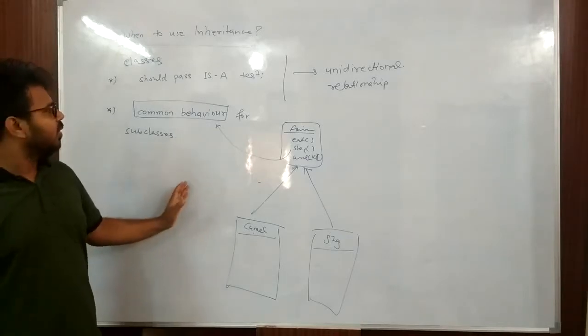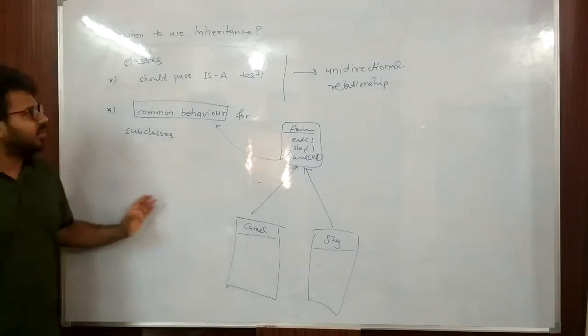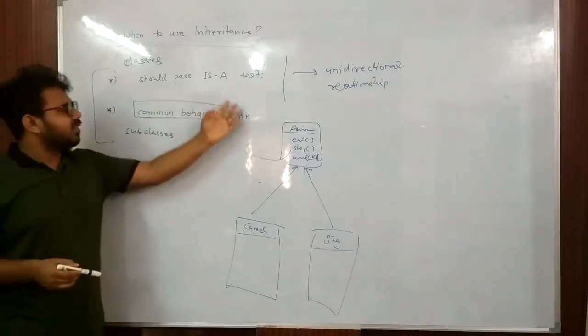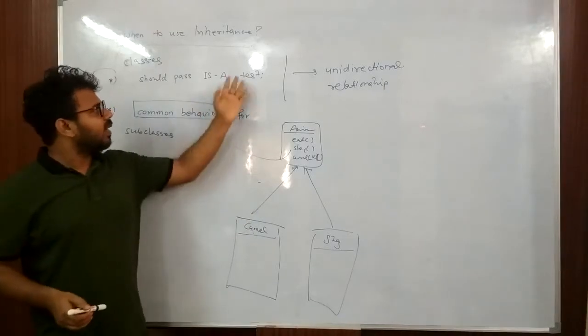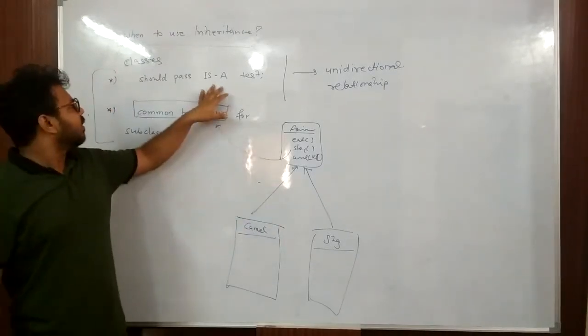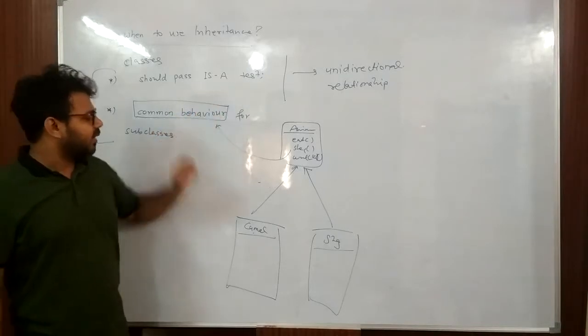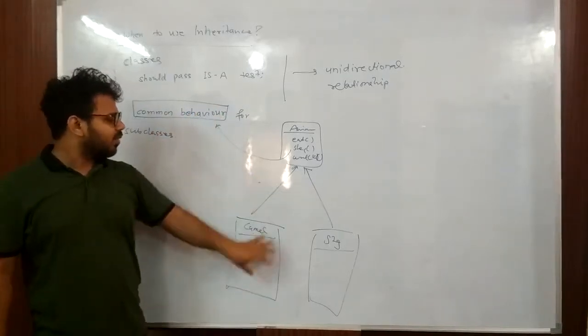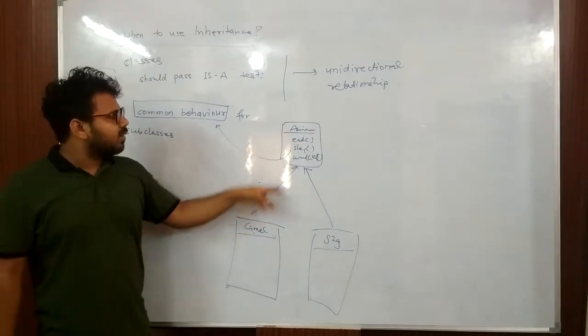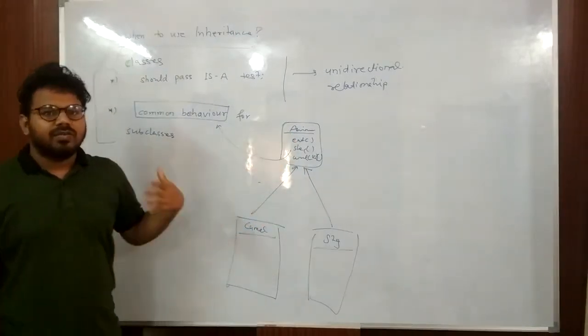So before going for inheritance, we should always check these two conditions. First, they should pass the IS-A test. Let us apply these two conditions on our hierarchy. We have the subclass camel and the superclass animal. Camel is an animal.